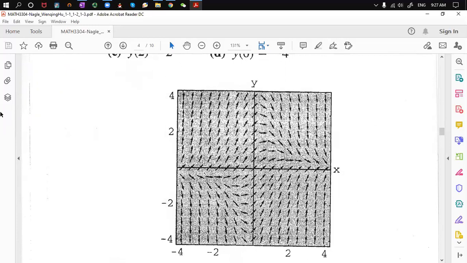And in practice, for example, you can write a computer program, for example in MATLAB, and you ask MATLAB to give you the slope field, right? As long as it gives you the slope field, as long as your grid is fine enough, you can always trace the trajectory and see how the solution is going to look like, right?